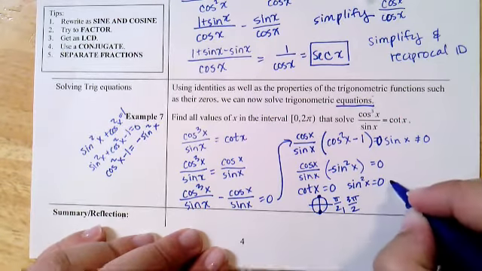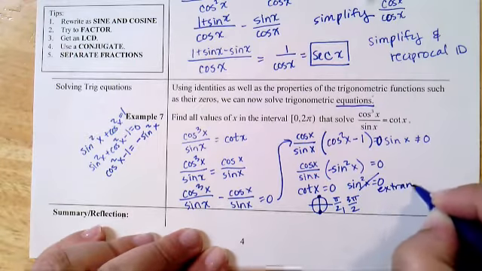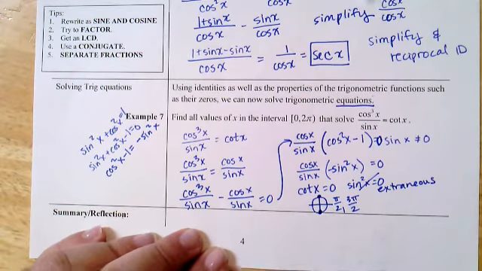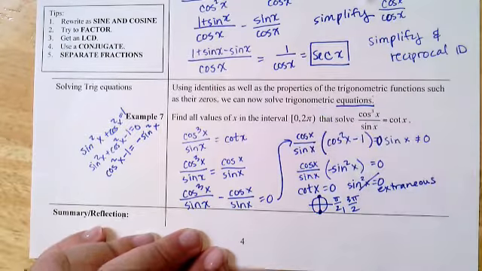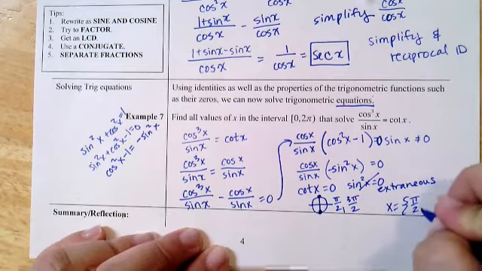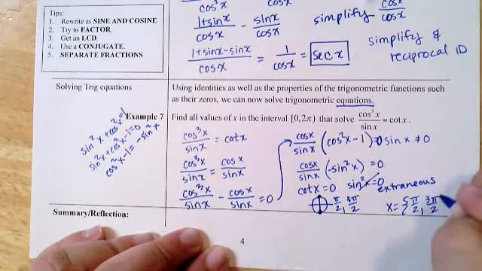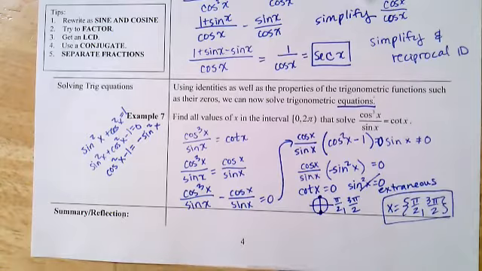Sine of x is 0, but it cannot be 0, so this is extraneous. I don't have to worry about coterminal angles because it says specifically to find only between 0 and 2 pi. So my answer is pi over 2 and 3 pi over 2. And that's it for this section.